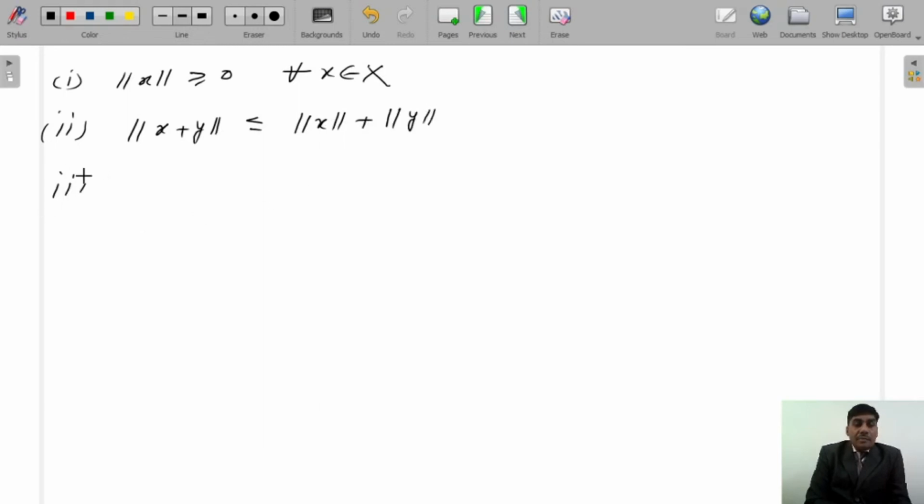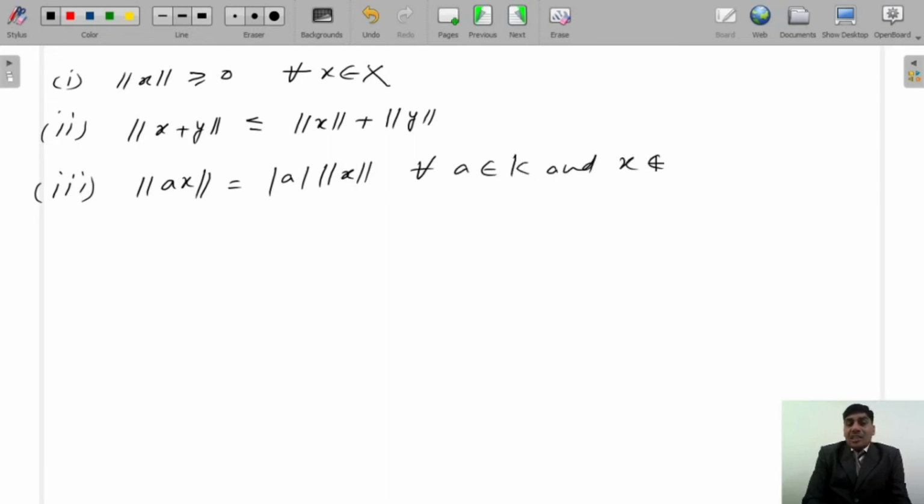Third, norm of a into x is equal to modulus of a into norm of x for every a belongs to K and x belongs to capital X.